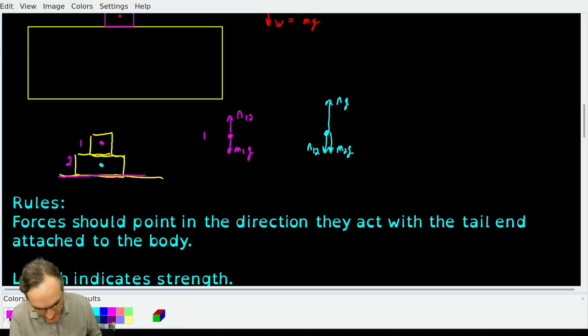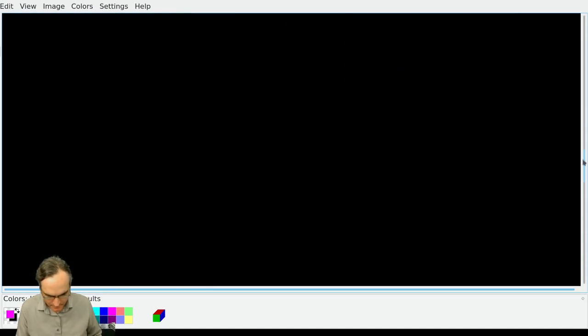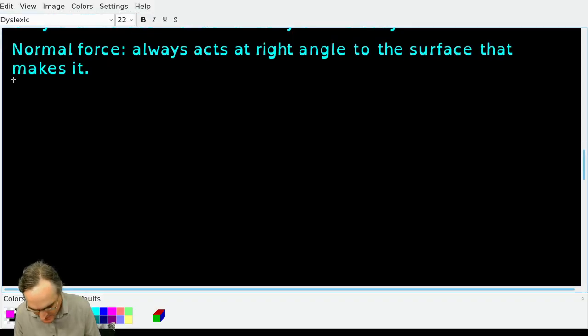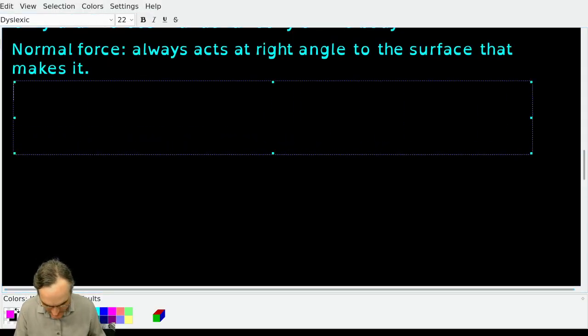That's going to be a force due to this surface acting on the box. It will make a right angle to that surface and be acting upward. Okay. I changed the color without intending to. All right, continuing.